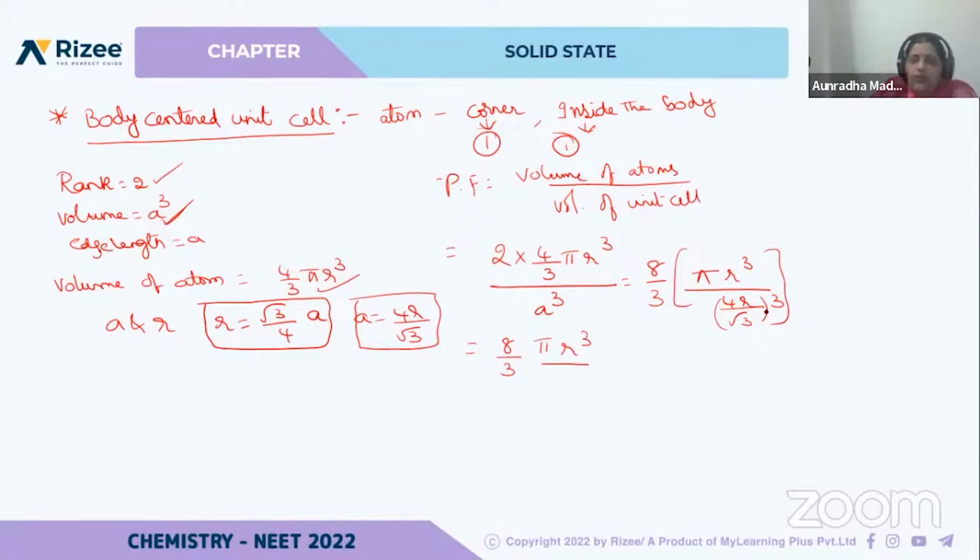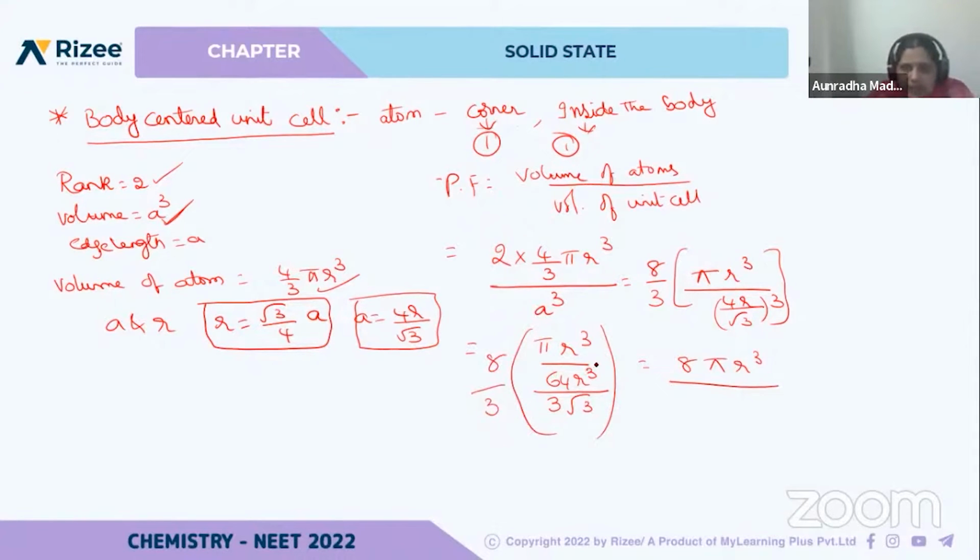So 4, 4, 16, 16, 16, 4, so 64 R cube by 3√3. So by rearranging everything, what will we get? 8 pi R cube by... R cube will get cancelled.